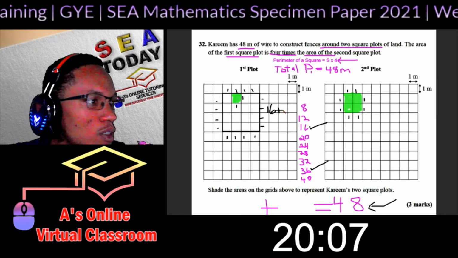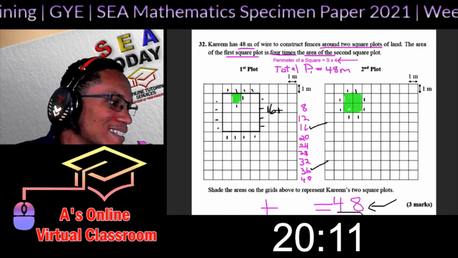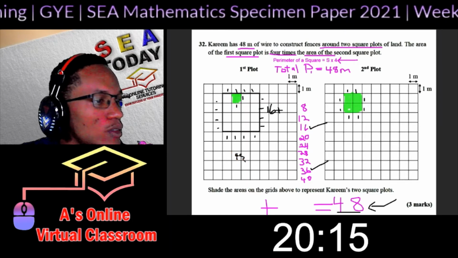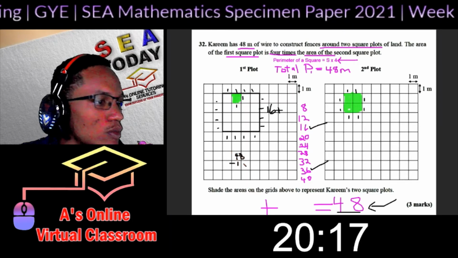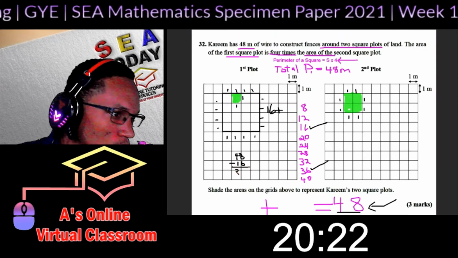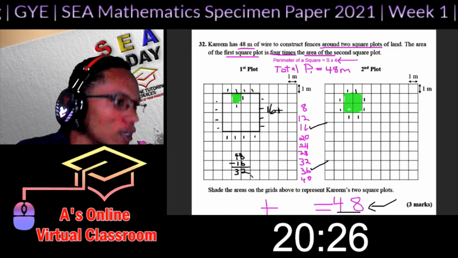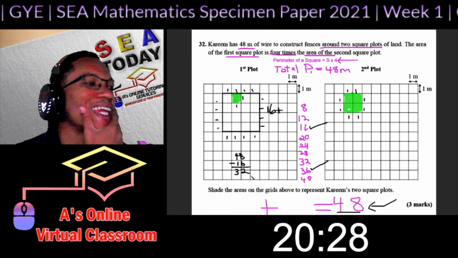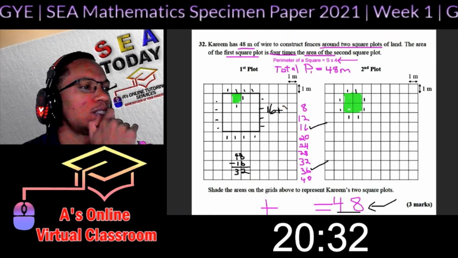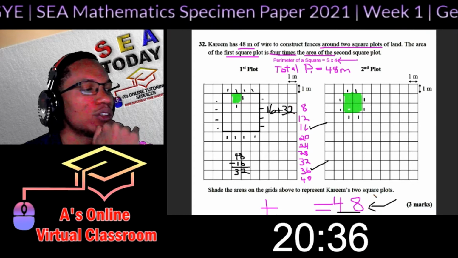plus how much will give us 48? Okay, let's take away 16 from 48. That is going to give us 32. So we want the perimeter of our next shape to be 32, because 16 plus 32 would be 48.